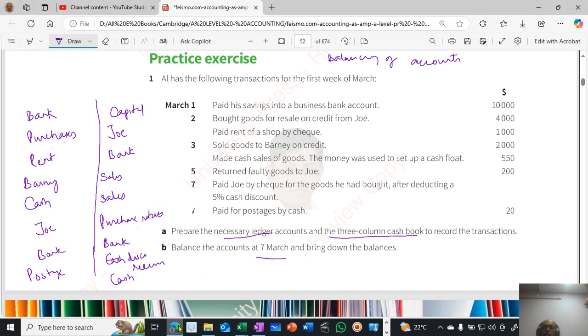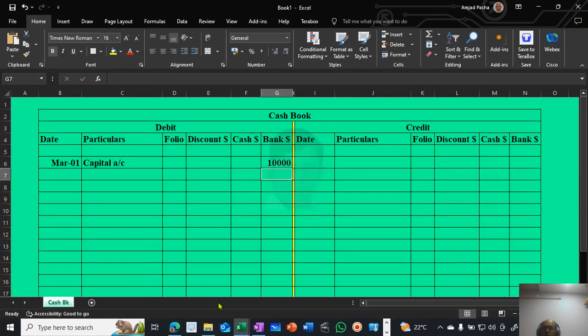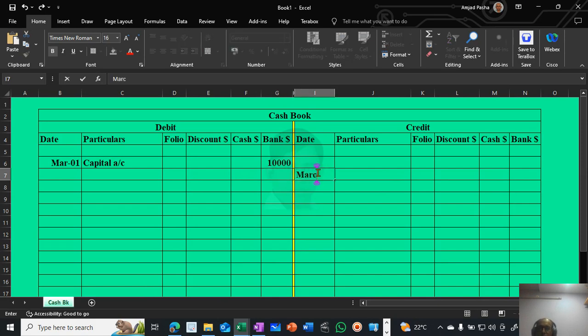Paid rent of shop by check on the same day. So March 2nd, rent account.